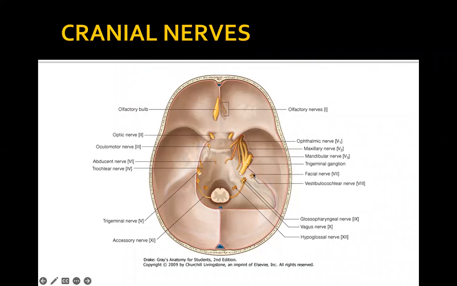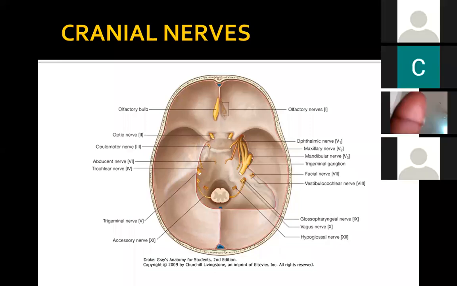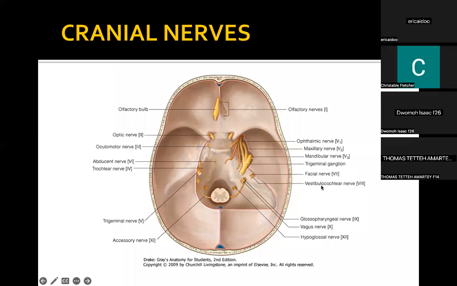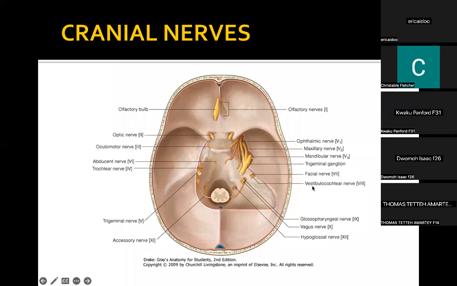Acoustic has got to do with what? Sounds, okay? So sound and hearing. So that should give you a clue that you're looking at vestibulocochlear as well, okay? So you can use the name acoustic to link to vestibulocochlear. However, just note that the facial nerve also accompanies the vestibulocochlear, okay?